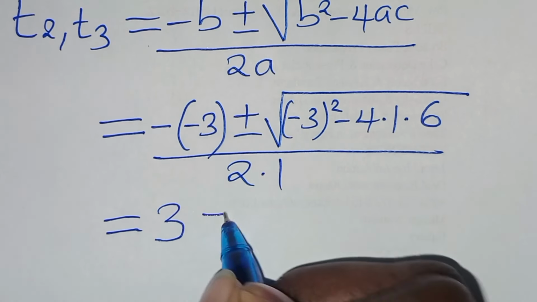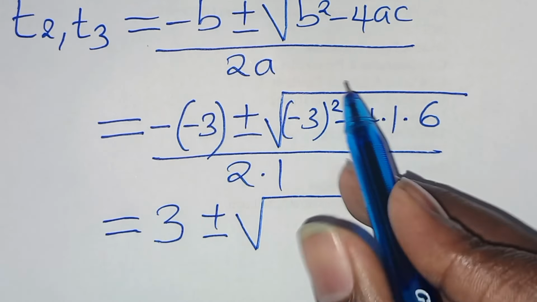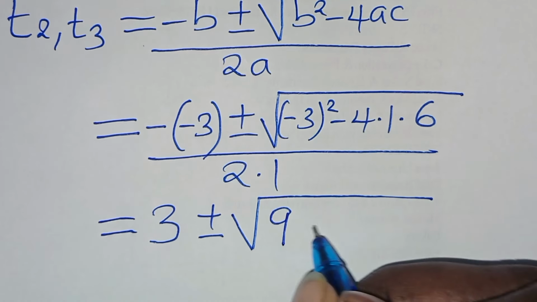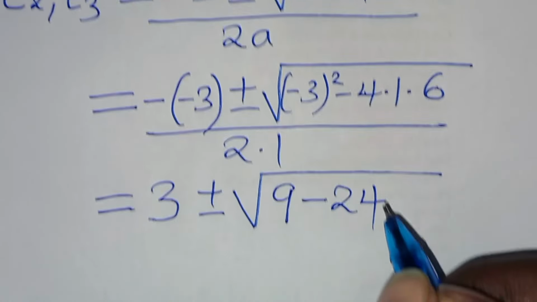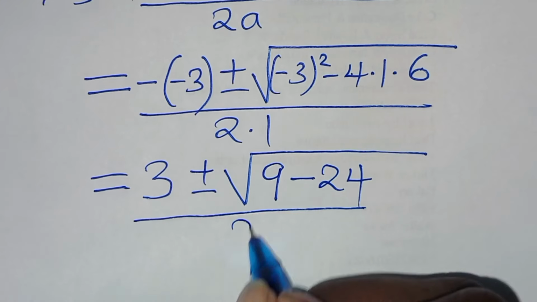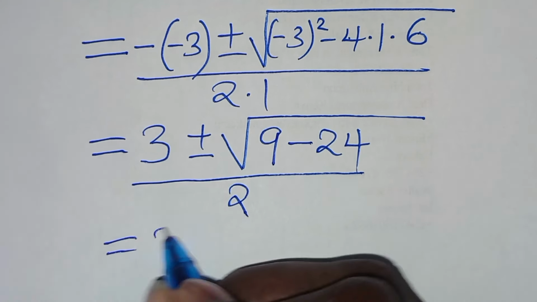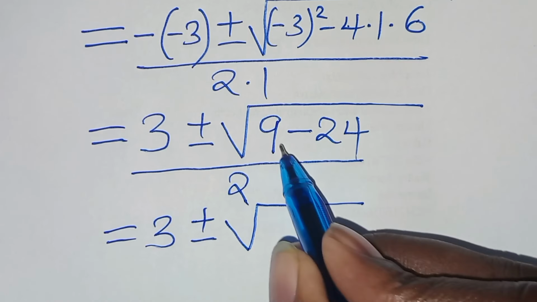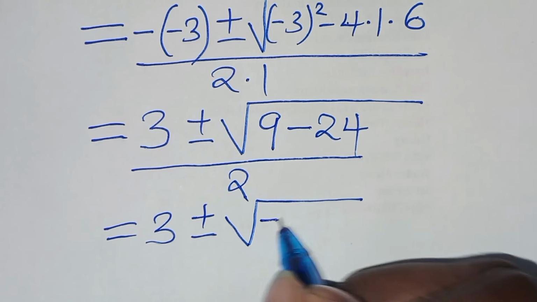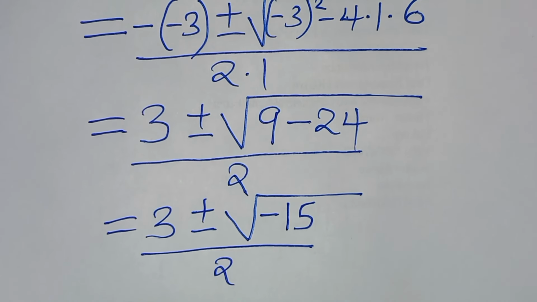This is 3 plus or minus the square root of minus 3 squared. This is equal to 9 minus 6 times 4. This is equal to 24. Everything here divided by 2. So this is equal to 3 plus or minus the square root of 9 minus 24. This is minus 15 over 2.